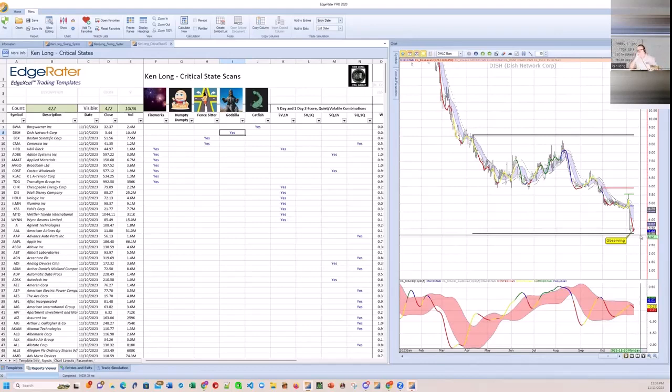Awesome. Then for a volatility check, you can see the very shortest box there, the blue line, the 5-day volatility. Now that is unique to us. I haven't seen anybody else do that. What we're doing is comparing a 5-day Darvas box, which is the high minus the low, divided by the price.